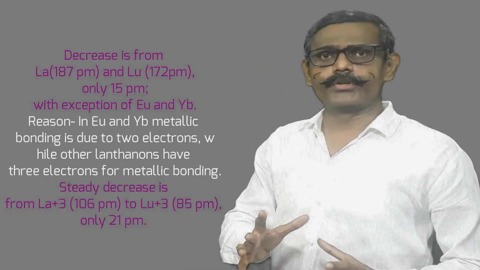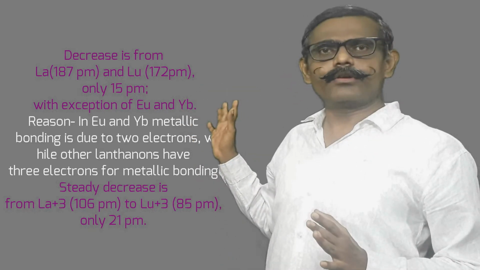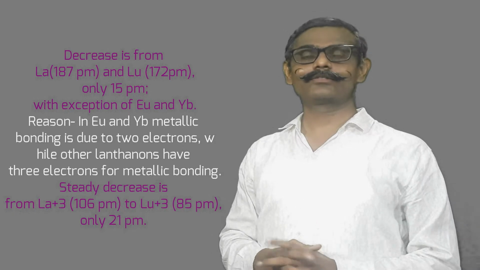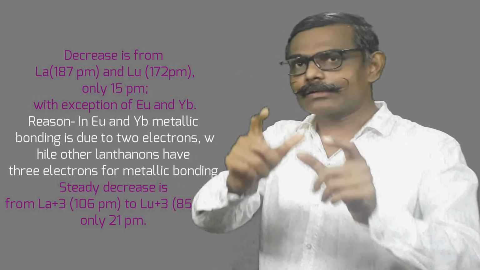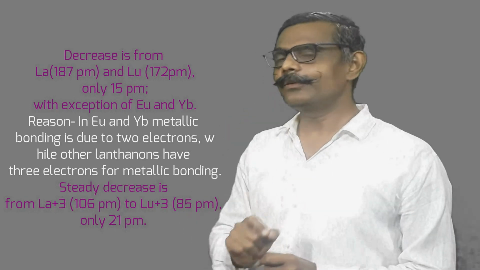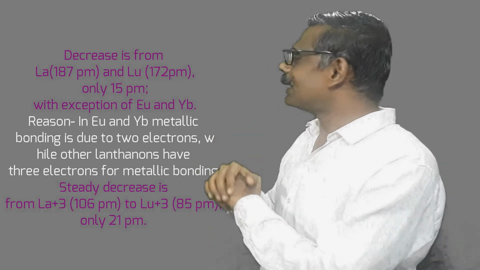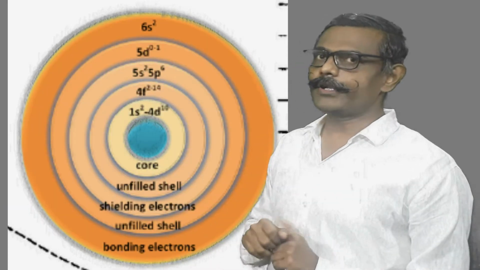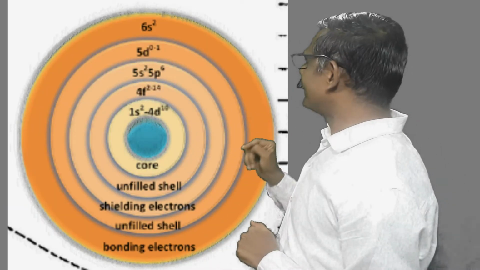Now, the main question remains. Okay, it is a lanthanoid contraction, but why does it occur? What is the reason behind that? Students, electronic configuration is the main thing for this lanthanoid contraction. Now about electronic configuration, see this diagram.